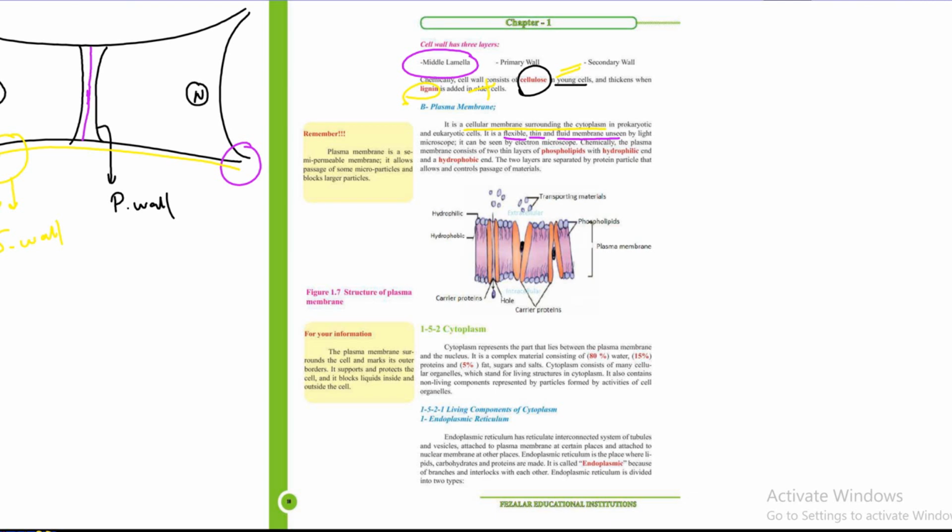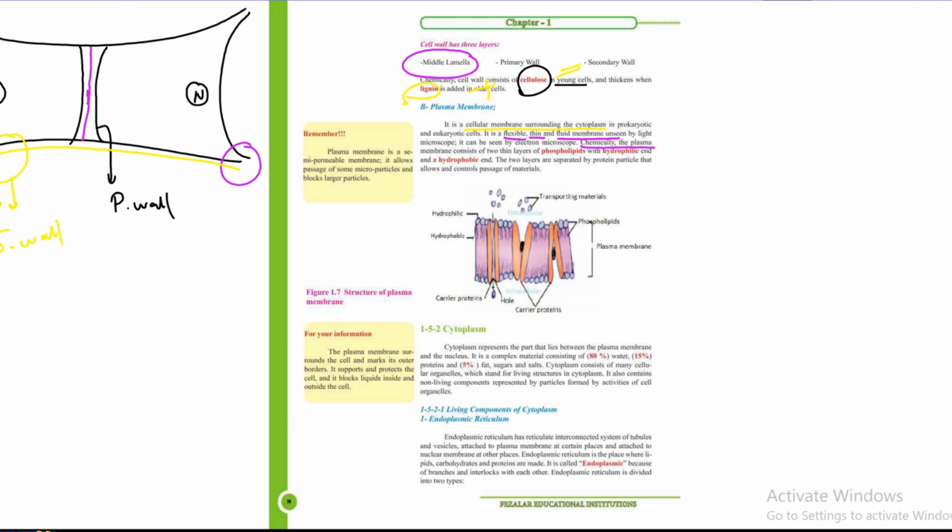The cell wall is thick and solid, but the plasma membrane is thin, flexible, and fluid, unseen by light but seen by electron microscope. Also, the cell wall covers only the plant cell, while the plasma membrane is found in plant cells and animal cells.